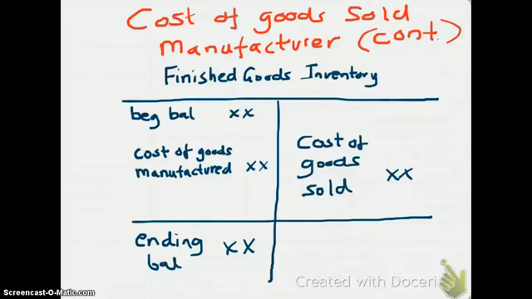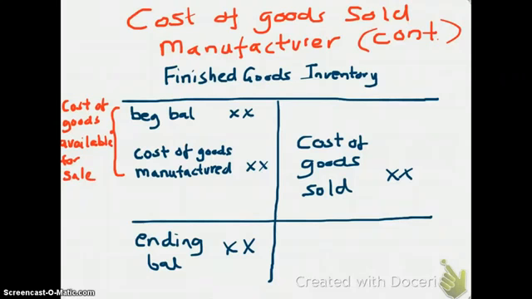We need to look at more terminology. One more thing. The beginning balance plus cost of goods manufactured is called cost of goods available for sale. Again, your beginning balance of finished goods inventory plus cost of goods manufactured is sometimes called cost of goods available for sale.